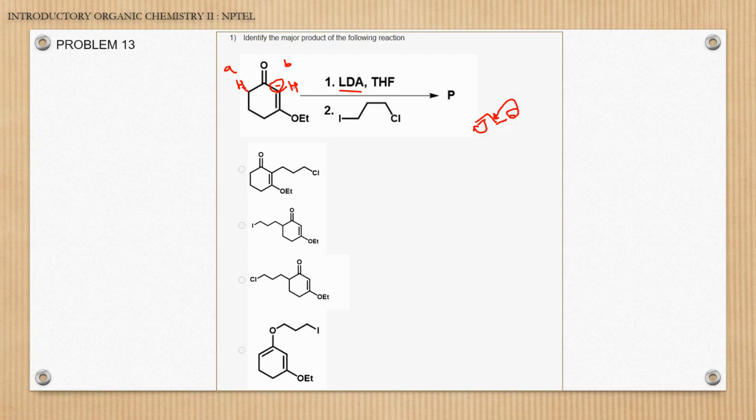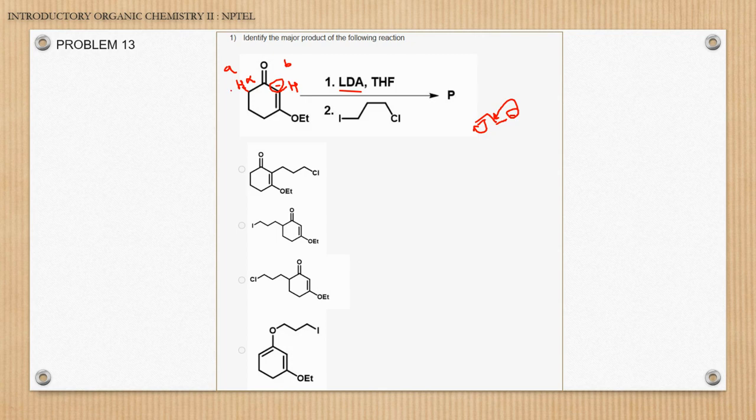But in the vinyl system, there is no delocalization. Here the negative charge is on an sp2 carbon, which has high s character, so the negative charge is getting destabilized at this position. So here the abstraction will take place from the alpha position, which is this alpha.